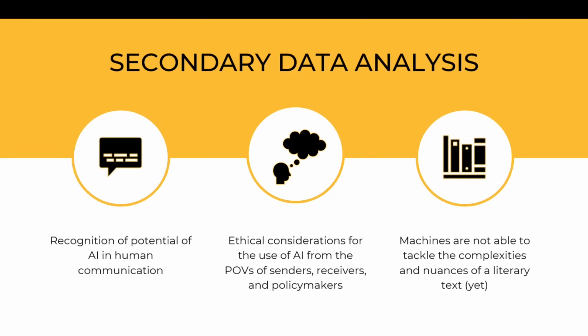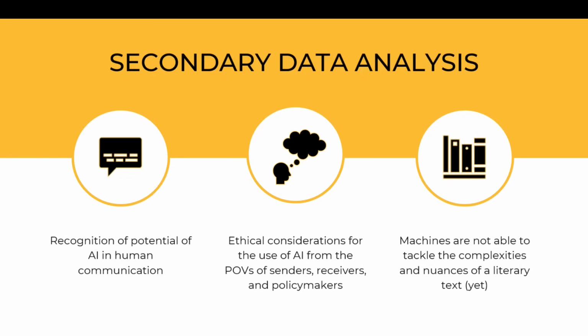And we also could see that the machines are not yet able to tackle the complexities and nuances of literary text, as the context and subtext especially are not that easy to translate for an AI as it may be for a human. But the potential we could see in our secondary method was to analyze our secondary data, such as the papers previously mentioned.